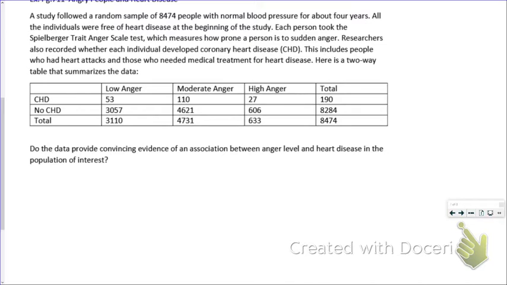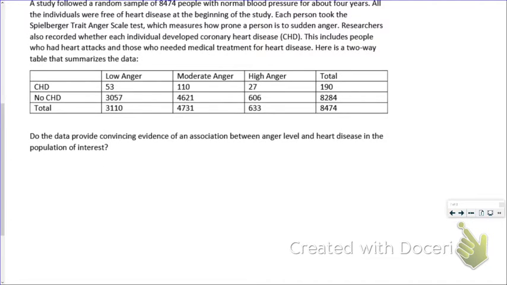This one, we're trying to determine if heart disease and level of anger are associated. So notice at the very top, we have one giant sample of people with normal blood pressure. So when you see that one sample taken, that's an indicator. Where could we write this?